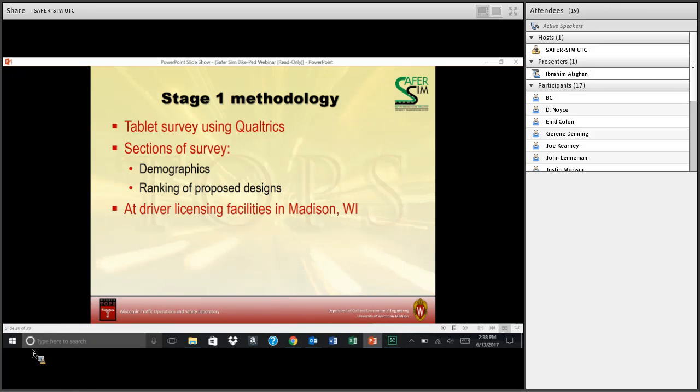After you're done collecting your survey or your studies, you could upload it to the website, and from there you can modify it and work on it.